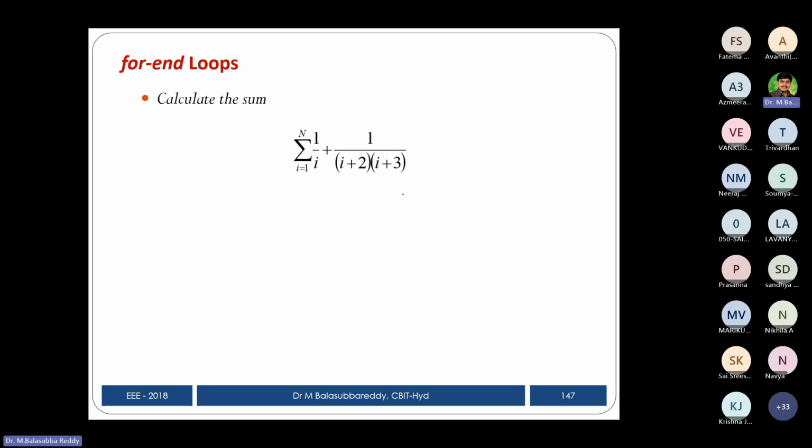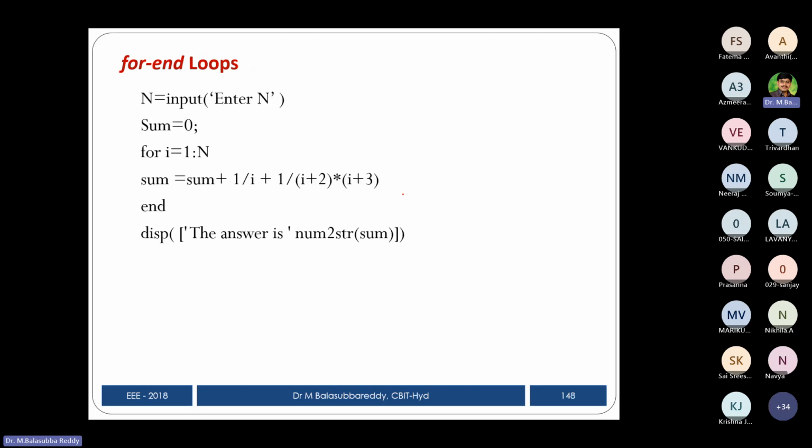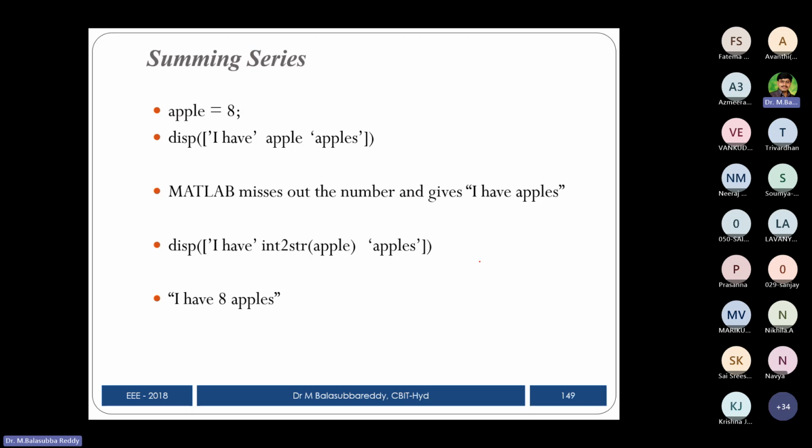Then sum is equal to sum plus, initially you define sum is equal to 0 or total, any notation you can follow. Then 1 by i plus 1 by i plus 2 into i plus 1. That's it, that will be the sum. We'll get the display value of the answer. So like that you can do, and we'll see here how to use the display. For that I used apple is 8. Now I have apples. Then what output are you expecting?